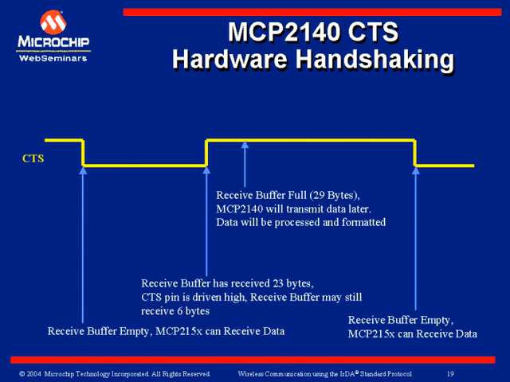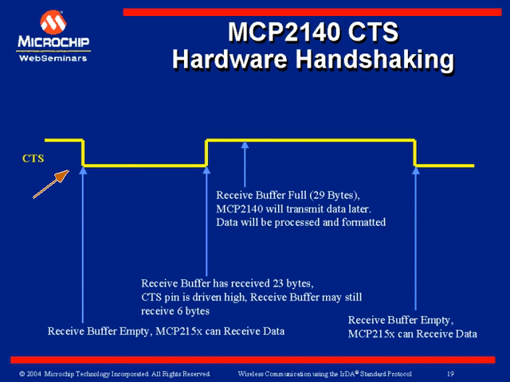Now, taking a look at how the MCP 2140 operates, it operates a little differently. It's actually monitoring both the host UART and the IR side interfaces at the same time. So there is no receive data time window. When CTS is low, the host UART receive buffer has space available.